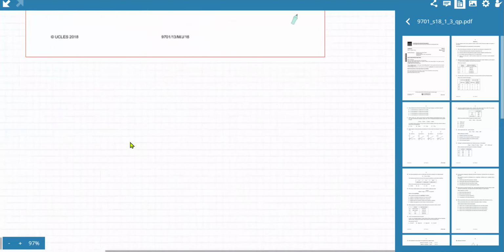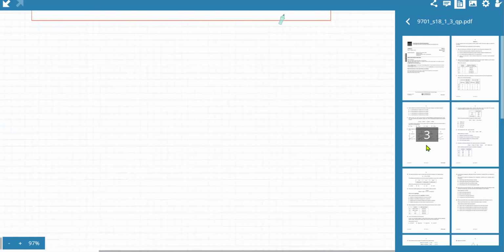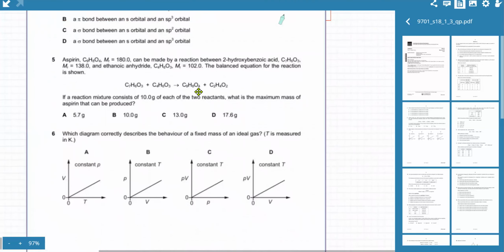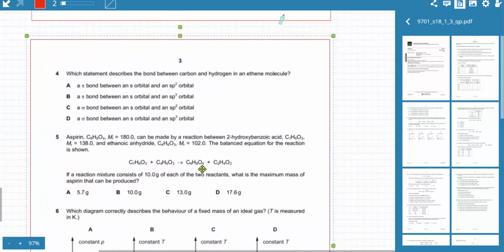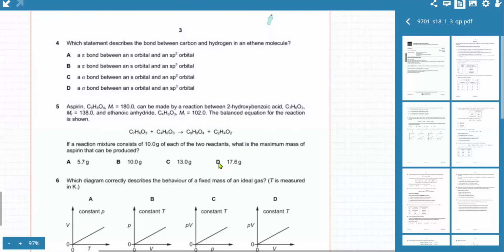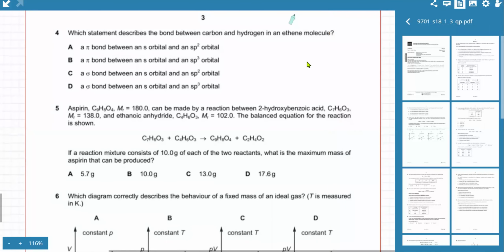Now the next page is which statement describes the bonding between carbon and hydrogen atoms in an ethene molecule?